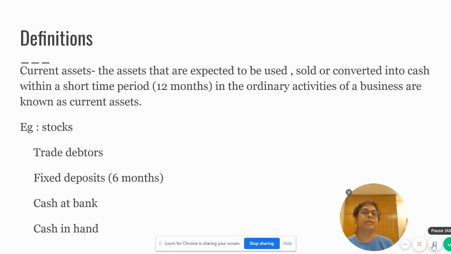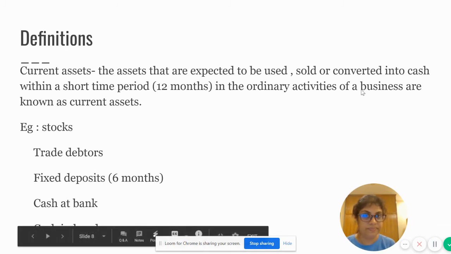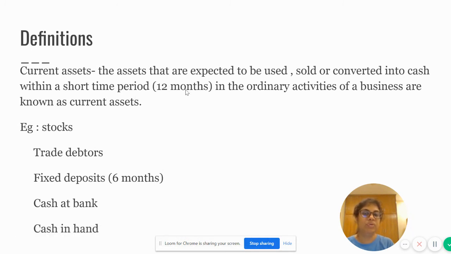So this division or categorization of assets has been based on this short time period.